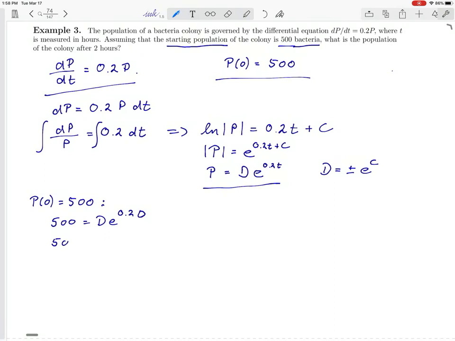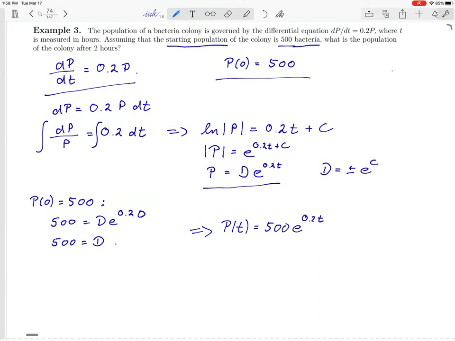So we have 500 is equal to just d. That is our initial population. So our overall specific, or particular, solution is p(t) is equal to 500 times e to the 0.2t.